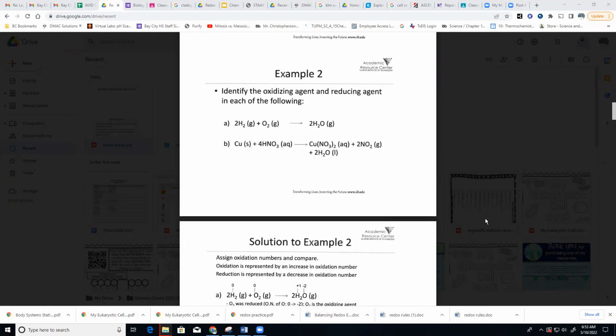Now let's apply this to a reaction because that's the only reason that it means anything. So if I have a reaction, I need to find out what the oxidation numbers are in the reactants and what they become in the products, and then determine what has been reduced and what has been oxidized. If you don't have something that is reduced and also something that is oxidized, it is not a redox reaction.